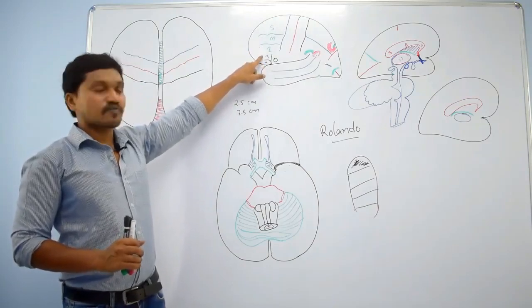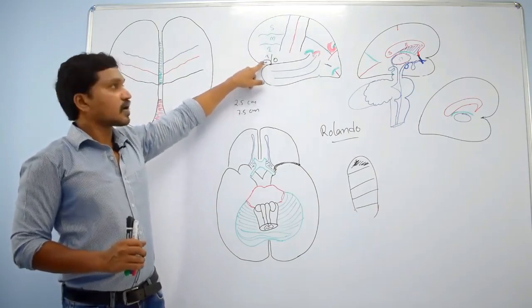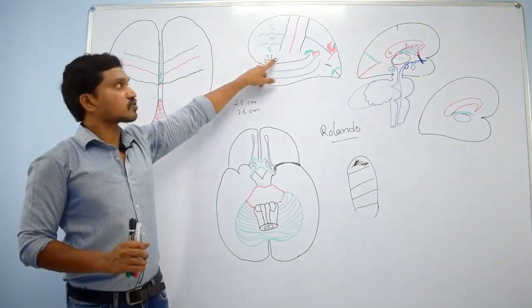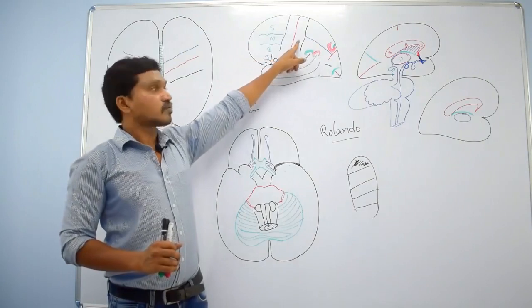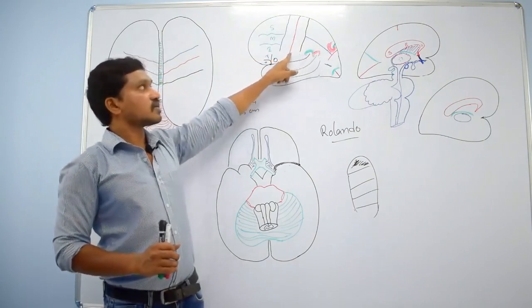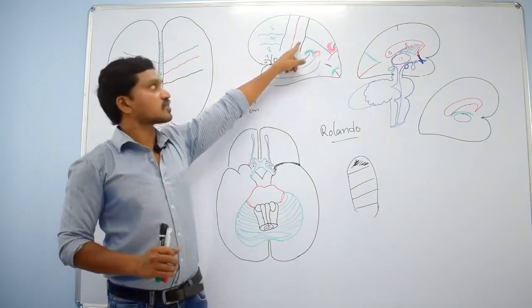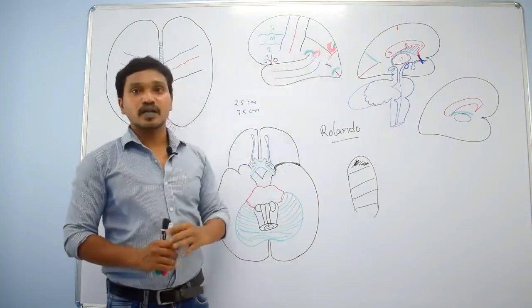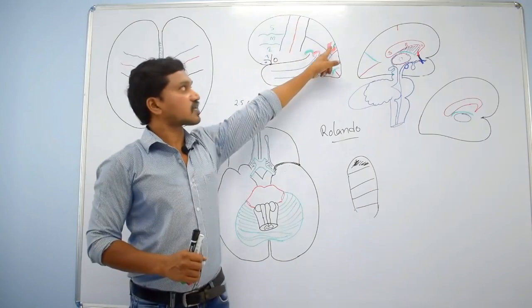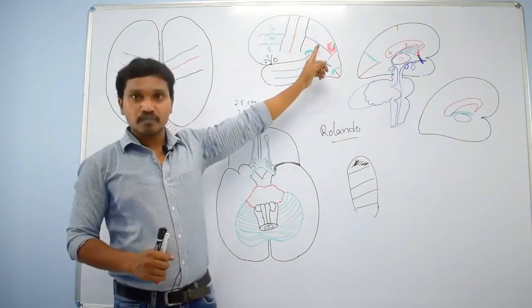In the inferior frontal gyrus: pars orbitalis, pars triangularis, pars opercularis. Here the postcentral sulcus, and in between the postcentral sulcus and central sulcus, the postcentral gyrus. Intraparietal sulcus, superior and inferior parietal lobules. Parieto-occipital sulcus, around it the arcus parieto-occipitalis.